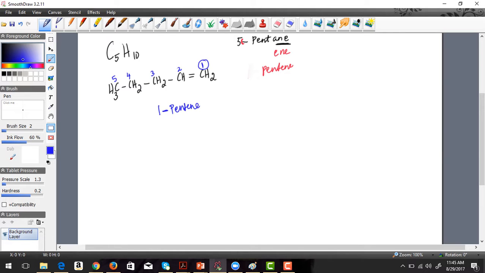Okay, let's do a couple examples because this is the first time most of you probably have seen it. So let's go ahead and draw one of the 4 bond isomers that we did. This is one of them. Again, you've got to not just forget what you learned earlier.